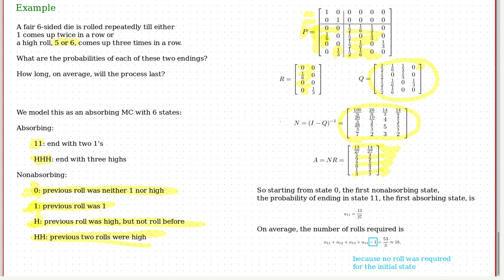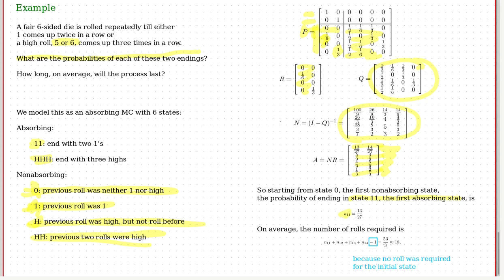Okay, now to answer the questions, what are the probabilities that we end up in each of the two states? Well, the probability of ending up in state 1, the first absorbing state, that would be A1, little a sub 1.